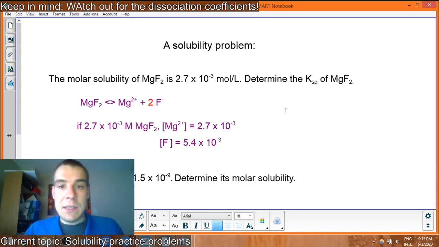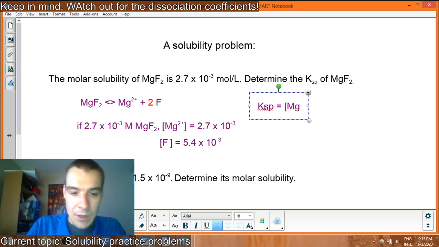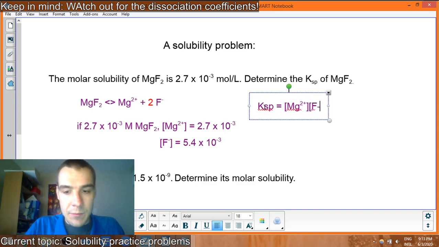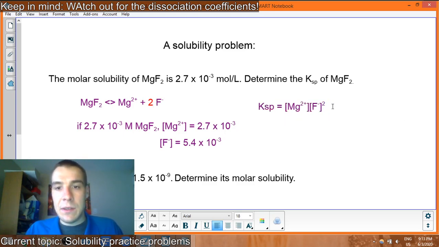Now we have to put that into our KSP. Our KSP expression is going to be the concentration of magnesium 2+ times the concentration of fluorine minus squared. And it's squared because of that 2.